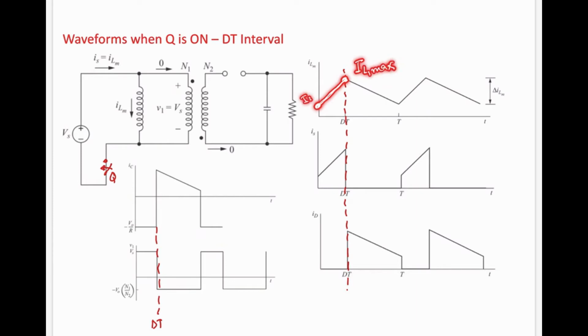So the current is increasing linearly in the magnetization branch. This current is being provided by your source, so the source current will be the same as the current in the magnetization branch. At that time your diode is in the off state, so the diode current is 0.